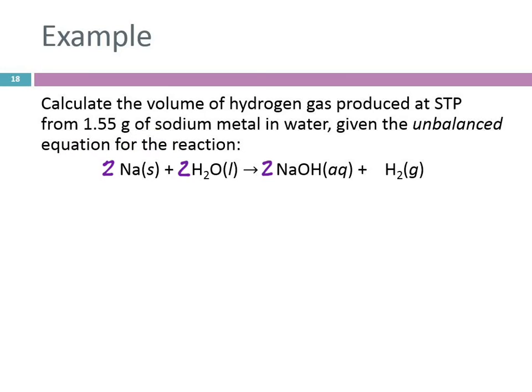1.55 grams of sodium. So I'm going to write that right here because that helps me to organize what I'm doing. And then volume of hydrogen gas. So question mark liters at STP, 22.4 liters per mole.